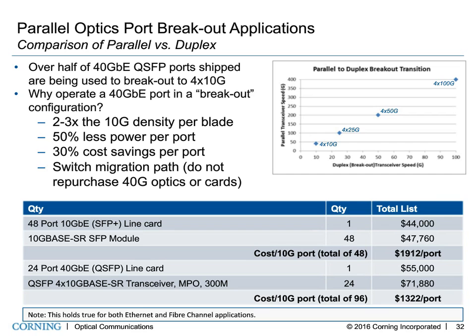So the highest density 10 gig line card on the market was 48 port. So my highest density for 10 gig was 48. Well, there were 32 port and 36 port 40 gig line cards, right? Well, if I operate those line cards like I'm going to break them out, all of a sudden I have 3x the density of 10 gig ports.